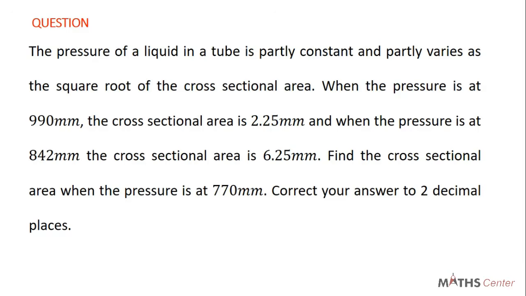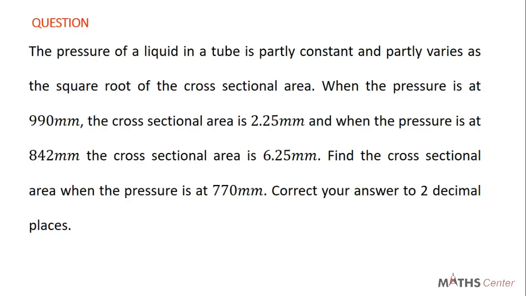When the pressure is at 990 millimeters, the cross-sectional area is 2.25 millimeters. And when the pressure is at 842 millimeters, the cross-sectional area is 6.25 millimeters. Find the cross-sectional area when the pressure is at 770 millimeters. Correct your answer to 2 decimal places.